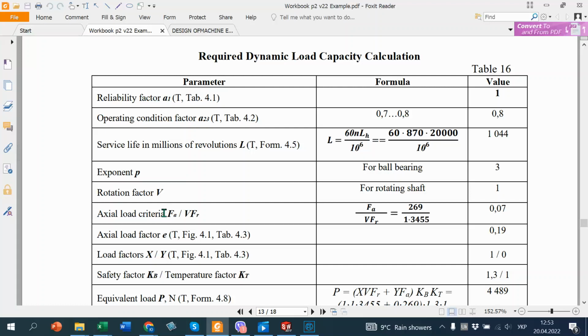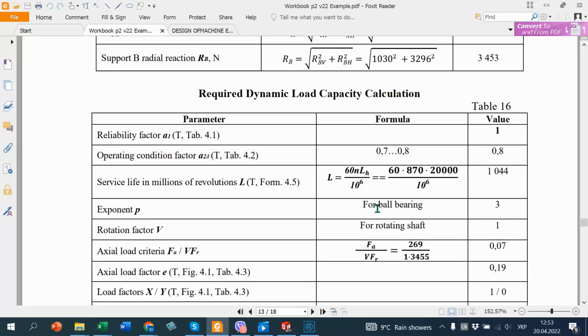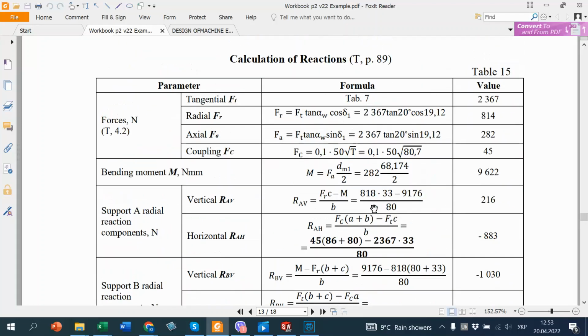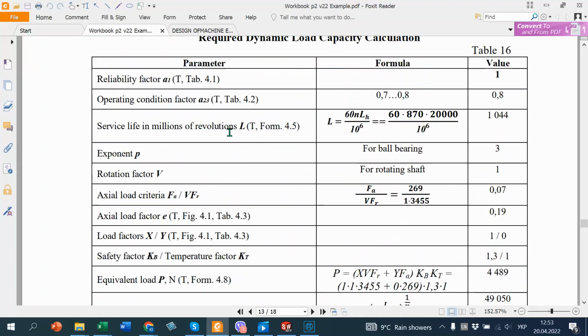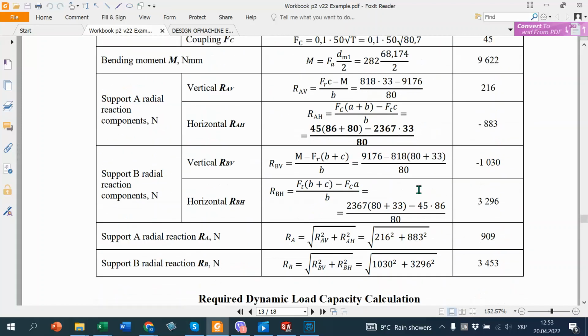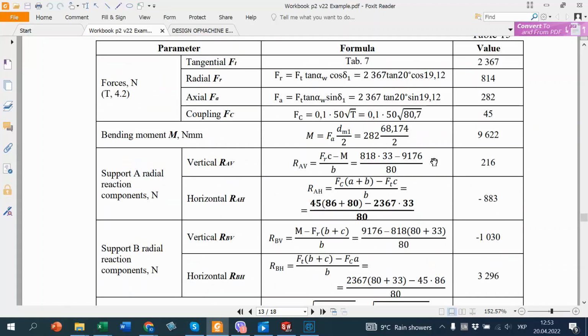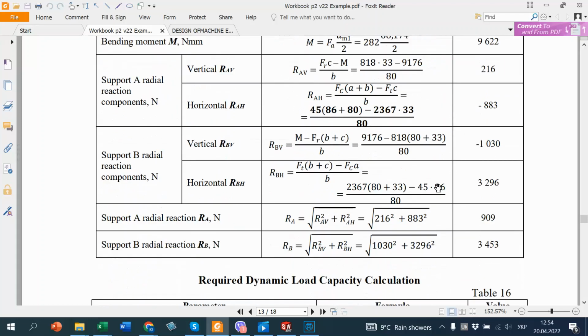So we should first calculate the load criterion, Fa divided by V Fr. Fa is an axial force. Fa 269, why 269? Oh, 282, I should correct it.